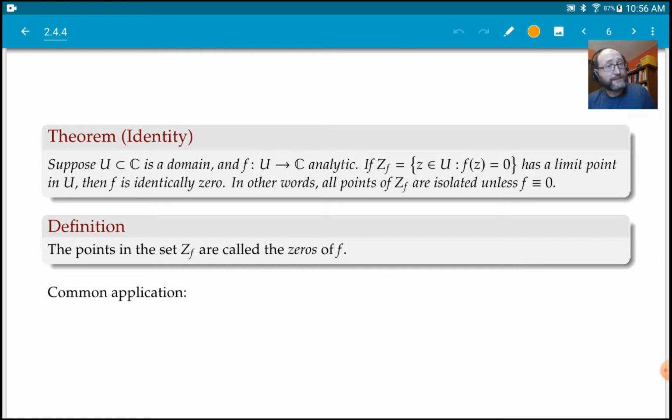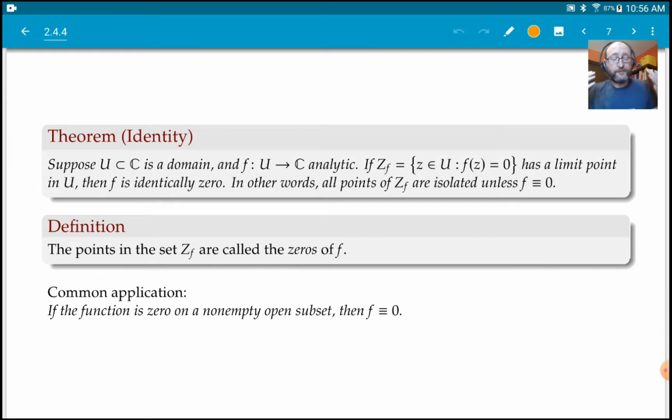Now, a common application of this identity theorem is that if the function is 0 on a non-empty open subset, then it's identically 0. So if it's 0 in a neighborhood, it's 0 everywhere. Now, that's stronger. I mean, that clearly has a limit point. A non-empty open subset has a lot of points, and they all have limit points.